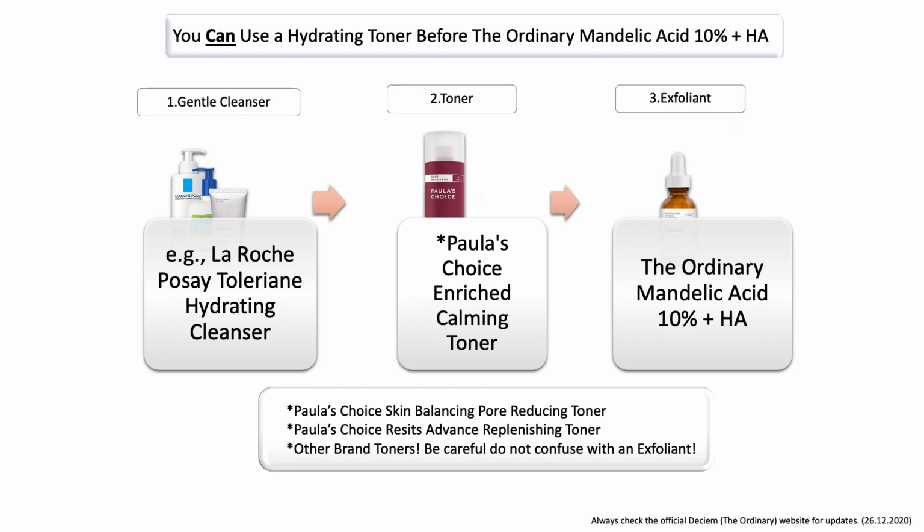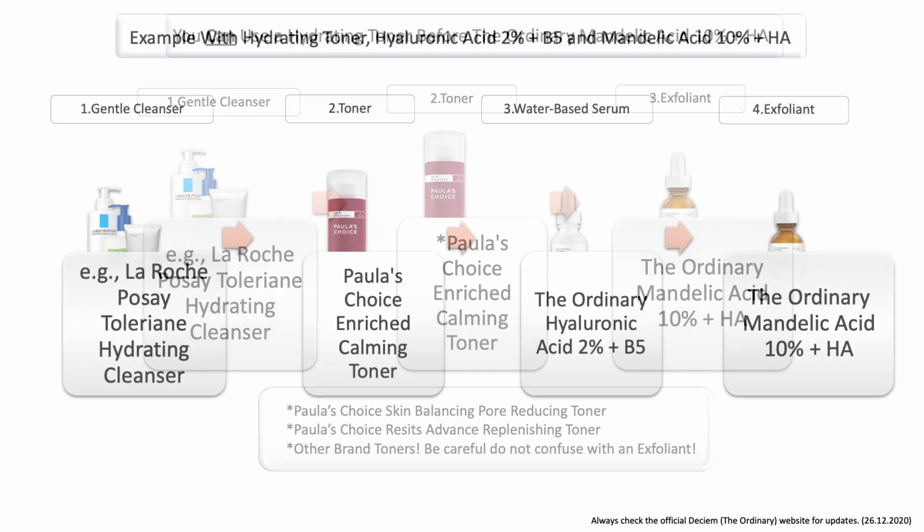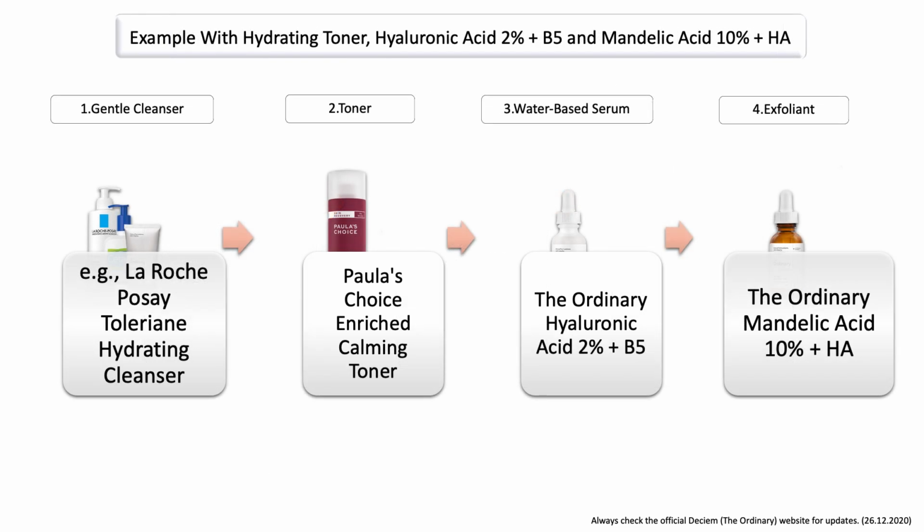And if you want to include a toner similar to this one, I recommend that you do it as your second step. So first, use your gentle cleanser, then your soothing and hydrating toner, and then apply mandelic acid on top. Or if you want to use another water-based serum such as hyaluronic acid in between, use it after your toner and then mandelic acid. Which is also really important to emphasize, since you have to keep in mind that the order of application can change when including mandelic acid in your skincare routine.